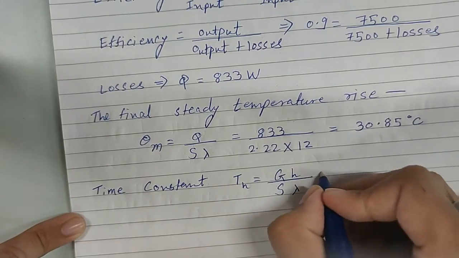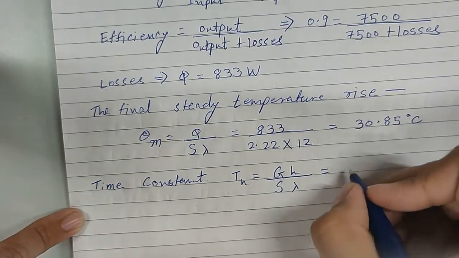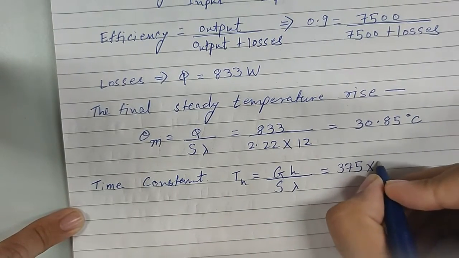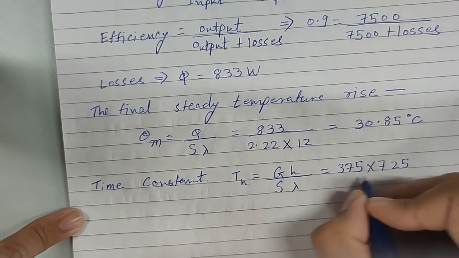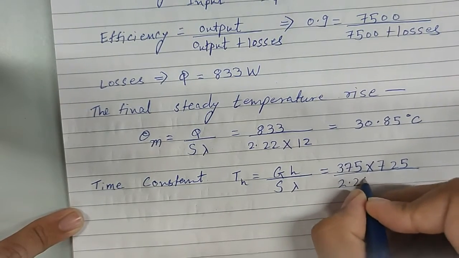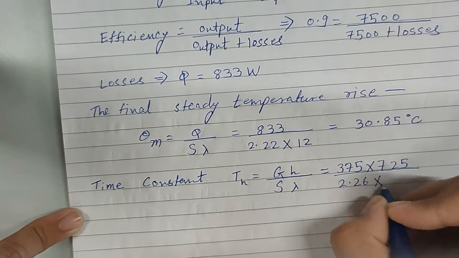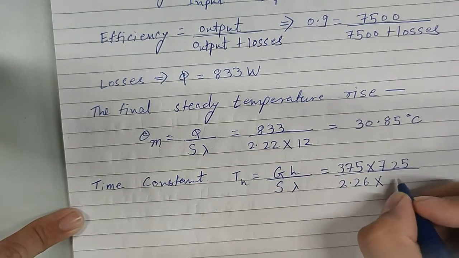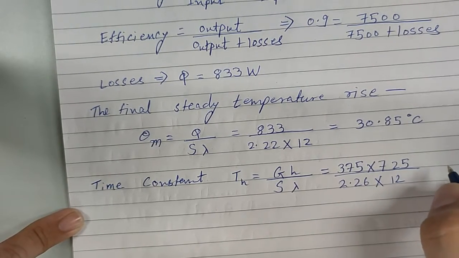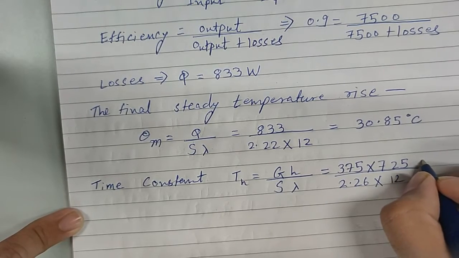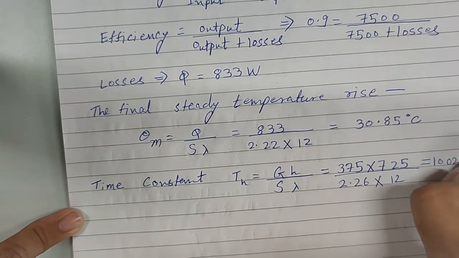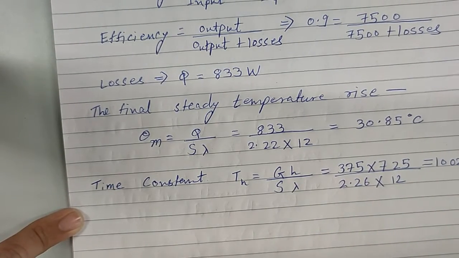Substituting the values, the value of capital G is 375, the value of small h is 725, divided by the surface value 2.26, and the value for lambda, that is the specific heat dissipation, is 12. On solving this, what you have is 10025.